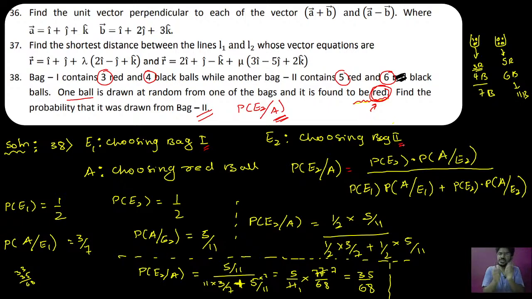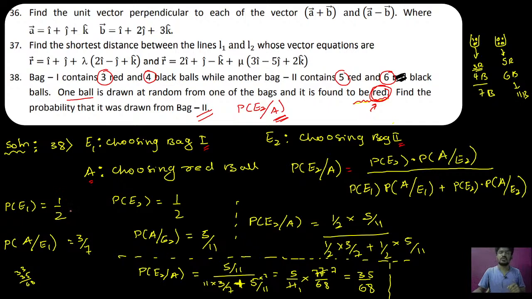And A is choosing the red ball. Clear? So now what will be the probability of event E1, choosing bag 1? It is 1 by 2, because you have 2 bags and you have to choose one.